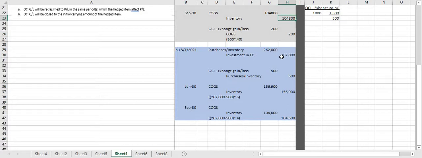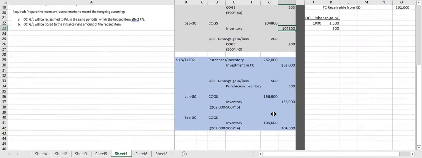That's 262,000 less 500. That's 261,500. You multiply it by 60%. Yan, for June 30, naging 156,900 yung ating cost of goods sold on June 30. On September 30 naman is the remaining 40%, which is 104,700.